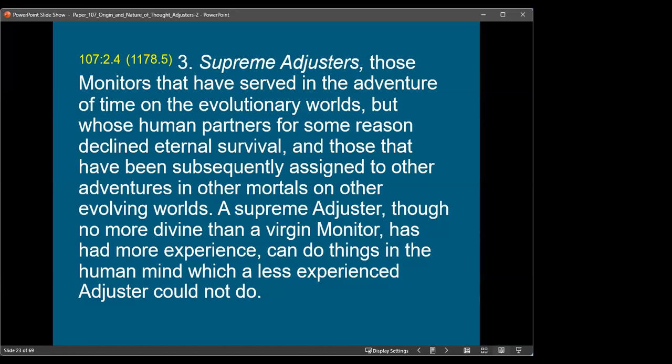A Supreme Adjuster, though no more divine than a virgin monitor, has had more experience, and can do things in the human mind which a less experienced adjuster could not do.